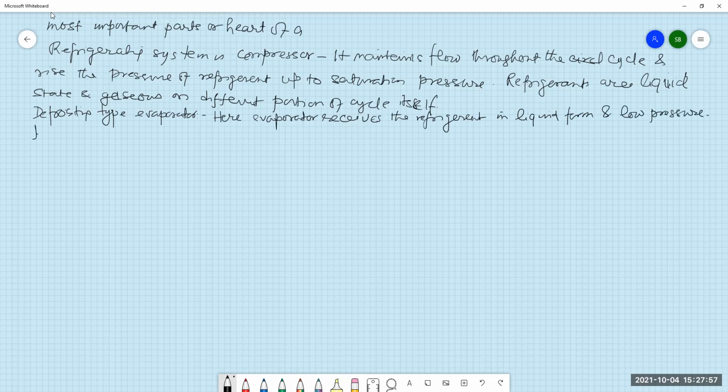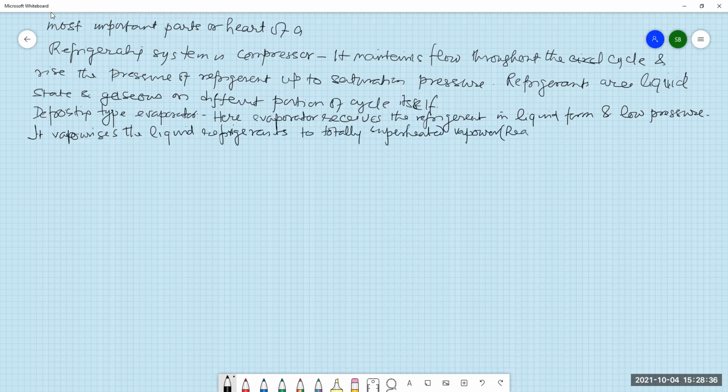Heat vaporizes the liquid refrigerant totally to superheated vapor.